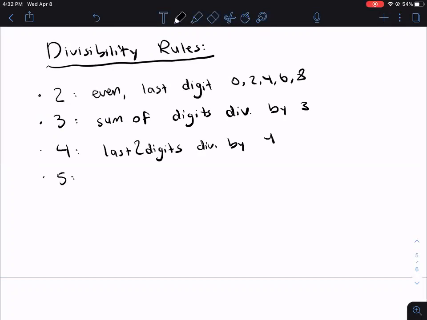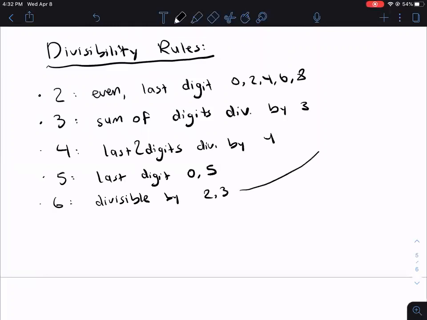For 5, last digit is 0 or 5. 6, divisible by 2 and 3. So we can just look at these two rules. Yeah, as Eric says, the best way to memorize something is to understand why it's true.